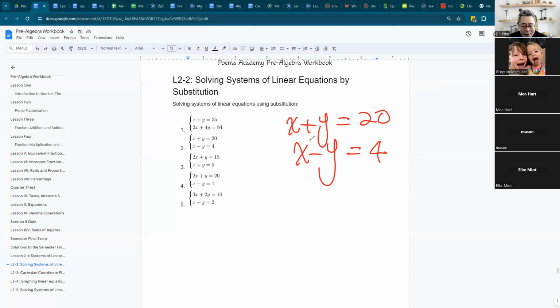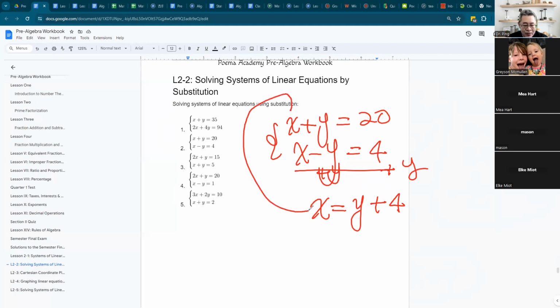Now, in this case, we can see that we can change this one to x equal to y plus 4. So basically, we add y on both sides. Once we got that, we can substitute this one into the other equation here.